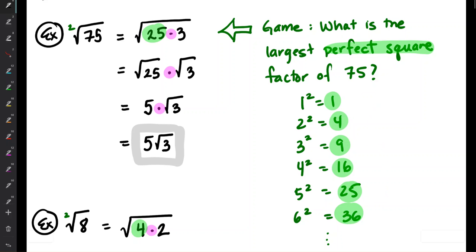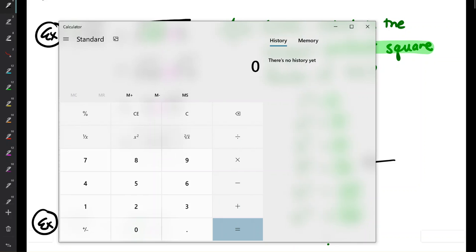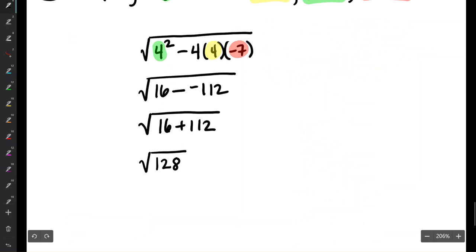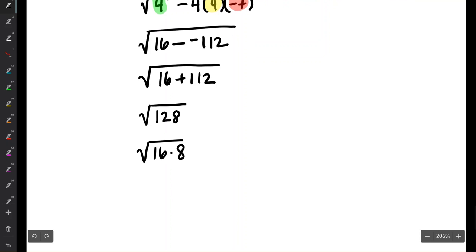I'm going to try 16, looks pretty good to me. 128 divided by 16 is 8. Excellent. So 128 is 16 times 8. Square root of 16 times the square root of 8. Square root of 16 is 4.